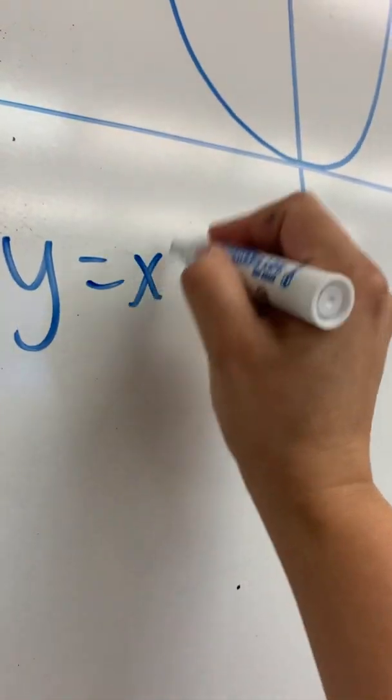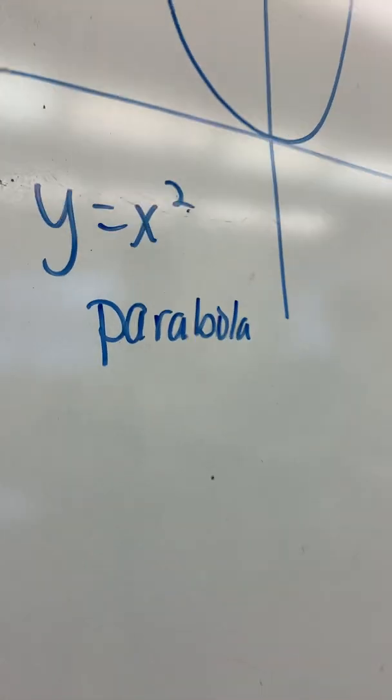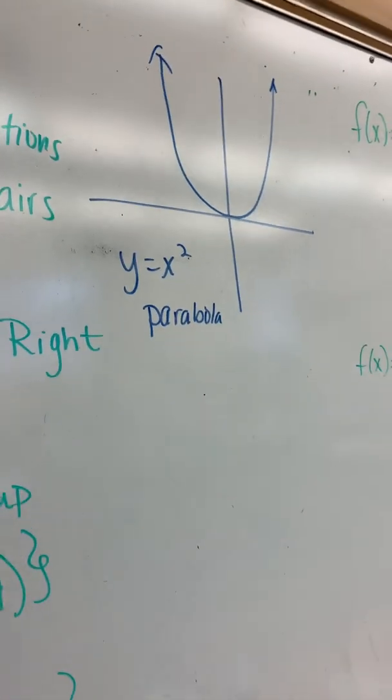If I have a graph, let's say a regular parabola, okay, this is a y equals x squared graph. It is a parabola, which we will see a lot of in the time to come.